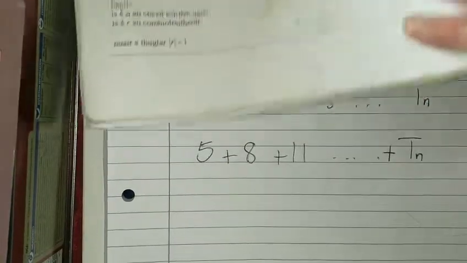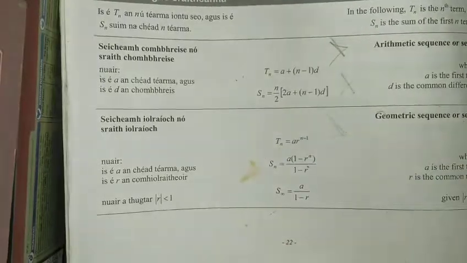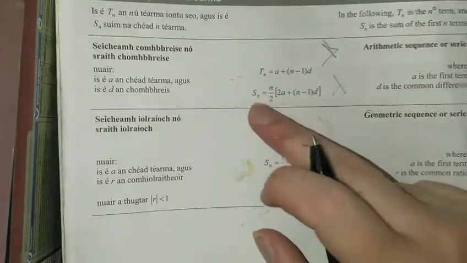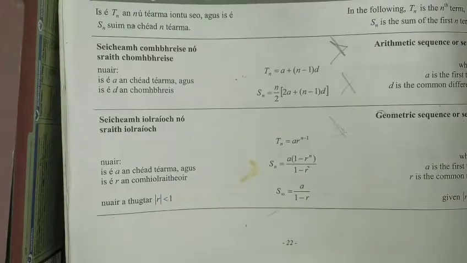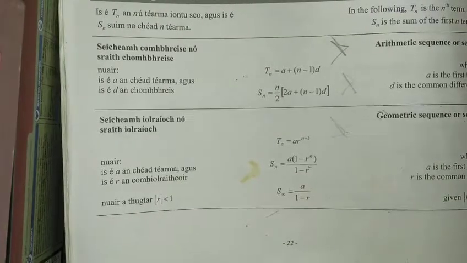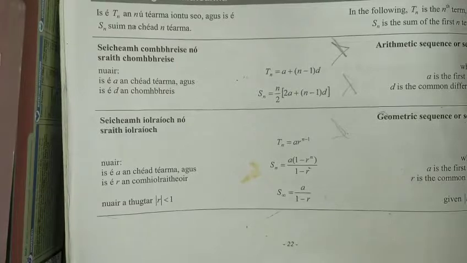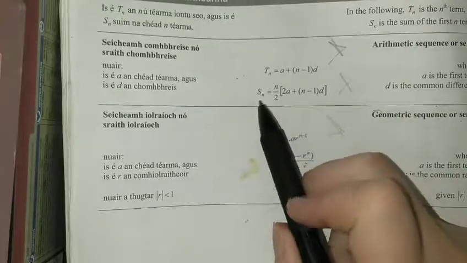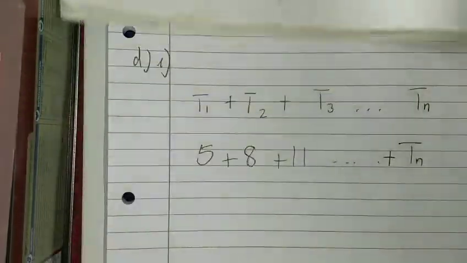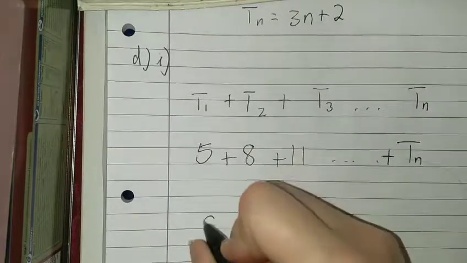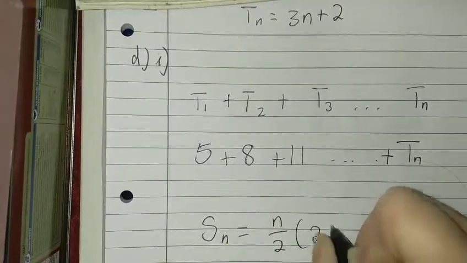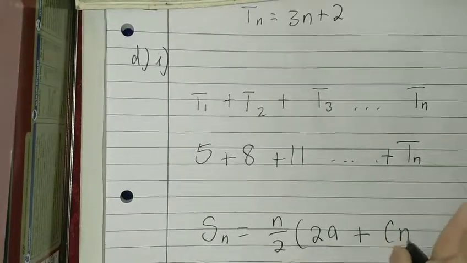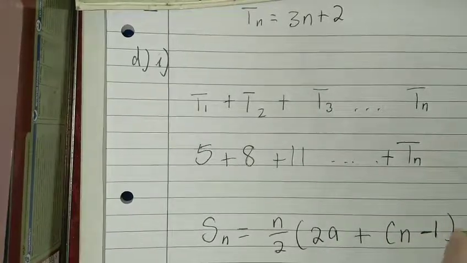A series is when we add all the terms together, and a sequence is just the terms. So this is the formula for a series: the sum is n over 2 times 2a plus n minus 1 d.